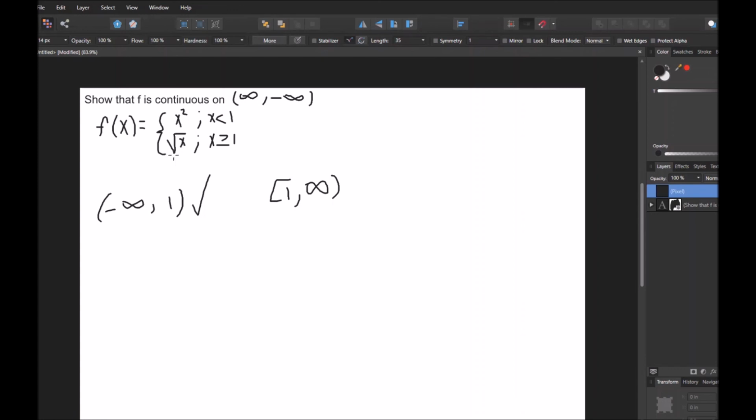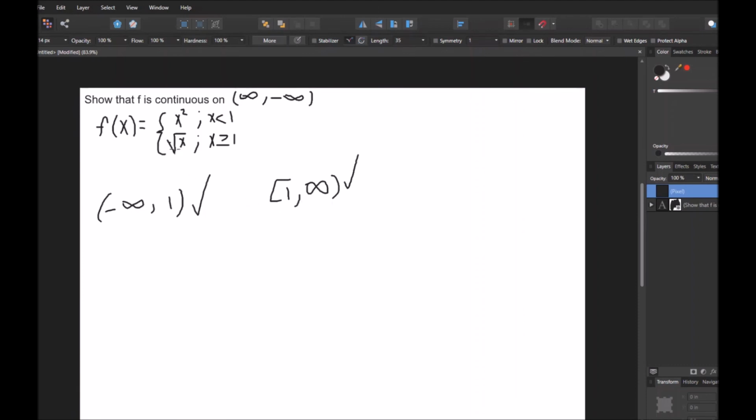So -1, -3, -300, all those are not defined for this. We'd get an imaginary number. However, those numbers aren't in this piece. This is greater than or equal to 1. So this is 1, 3, and 300, and every number from 1 to infinity, basically. So we know that yes, it's defined and continuous there.